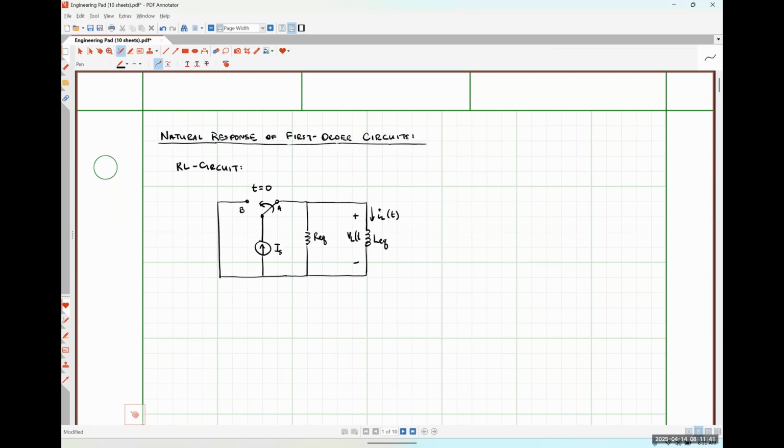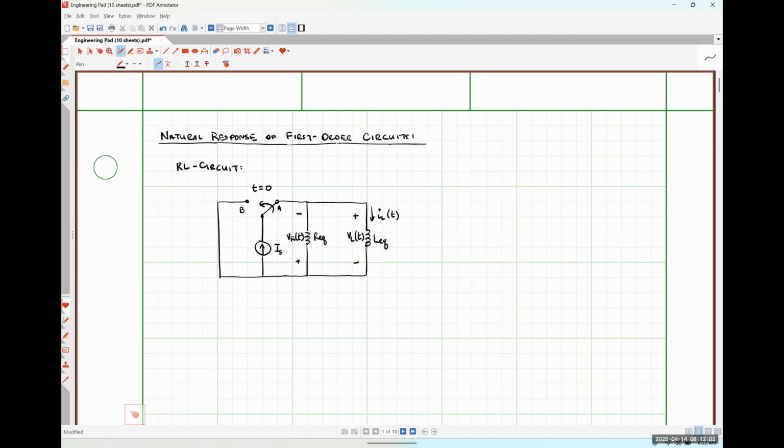So this will be VL of t, like so. And I'm also going to assign a voltage drop across our resistance REQ. And I'm going to choose to put the positive polarity of that resistance on bottom.